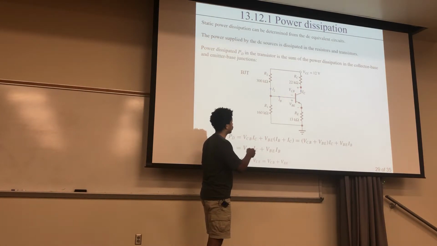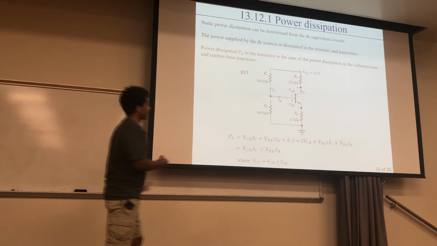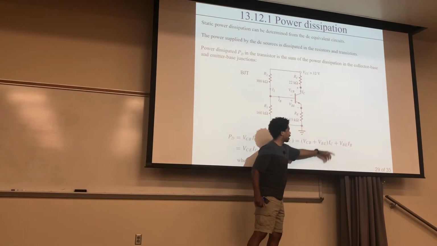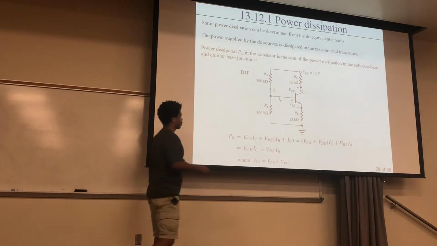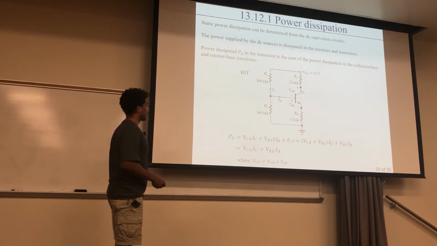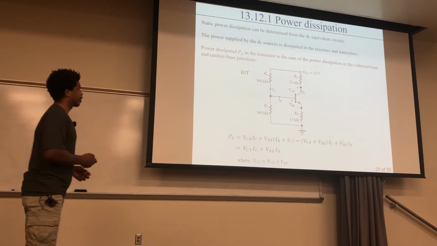So both of these two currents right here must equal this right here, and here's your VBE, just by KCL. And then what you can do is collect these out and factor out this IC. So that's what that's all about. Okay, so this is your power dissipation through your transistor.